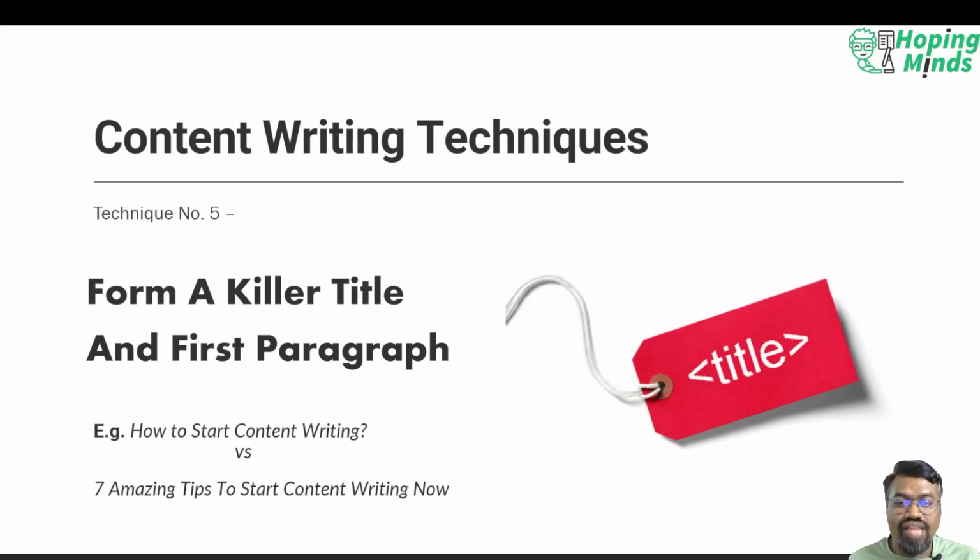But if you are starting with the first headline, which is how to start content writing, they might lose interest in the initial part. If they lose interest, they'll visit some other website, right? So it's pretty important that we put a killer title, right? And our first paragraph should be very interesting.